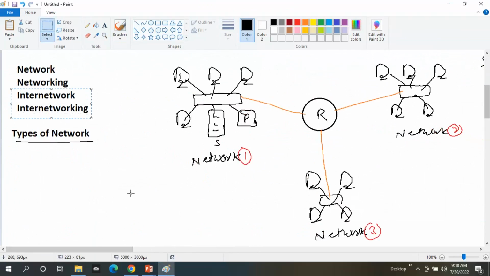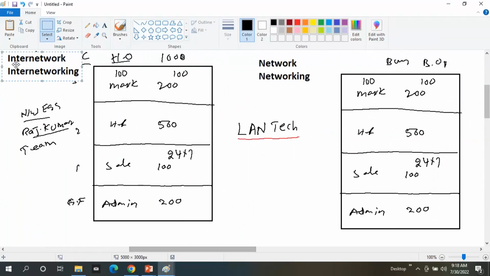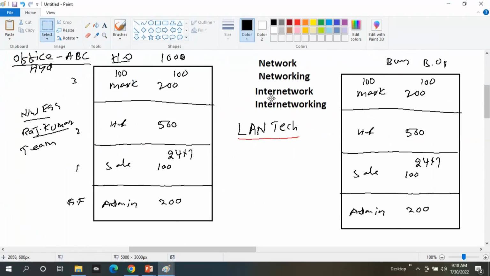Next two points: internetwork and internetworking, WAN. From these four points only, a lot of things we need to understand. So what is internetwork?